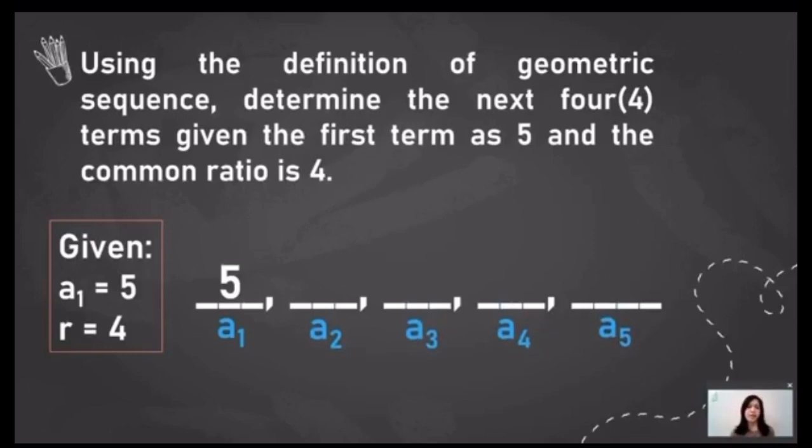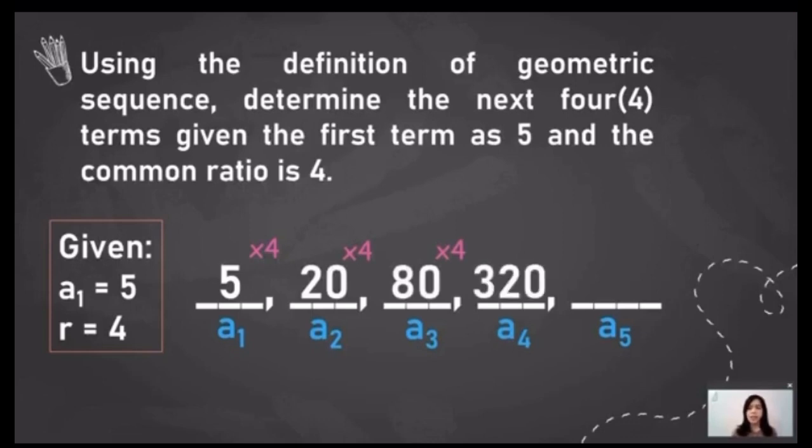Since we already have the common ratio, let's use that to find the next four terms. So 5 times 4 is 20, 20 times 4 is 80, 80 times 4 is 320, 320 times 4 is 1280. These are the next four terms of the sequence with a first term of 5 and a common ratio of 4: 20, 80, 320, and 1280.